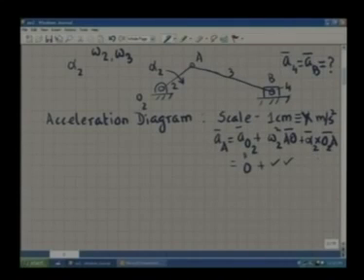Alpha 2 is given, O2A is known, so this vector also I know both the magnitude and the direction. Whereas AA, I neither know the magnitude nor the direction. So this vector equation again has 2 unknowns, and because it is only 2 unknowns, I can use this vector equation to draw the vector diagram.